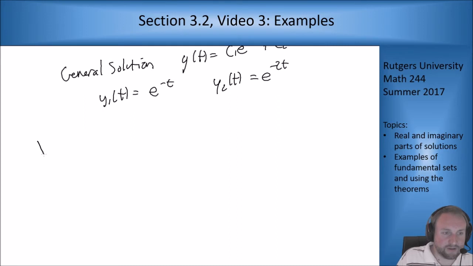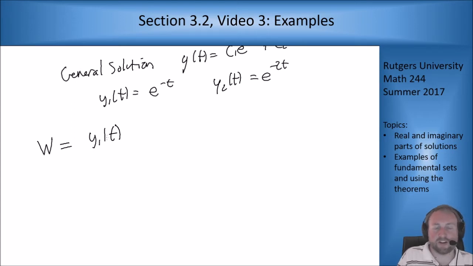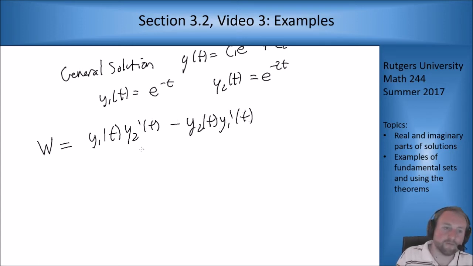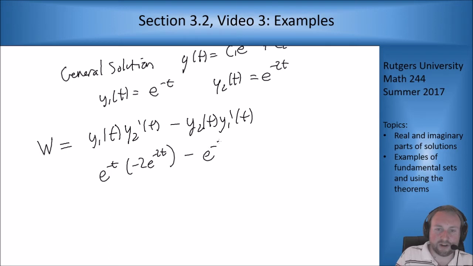The Wronskian is going to be y1 of t y2 prime of t minus y2 of t y1 prime of t. I'm going to leave it as a function of t here, and then we'll check it later. So we plug in. This here is e to the minus t, this is minus 2 e to the minus 2t, minus e to the minus 2t, minus e to the minus t.